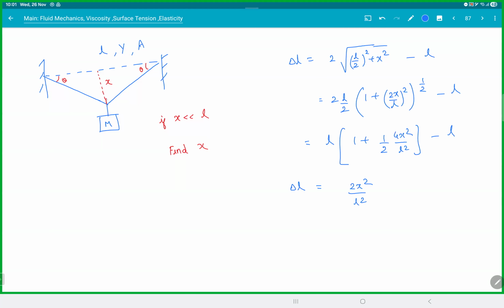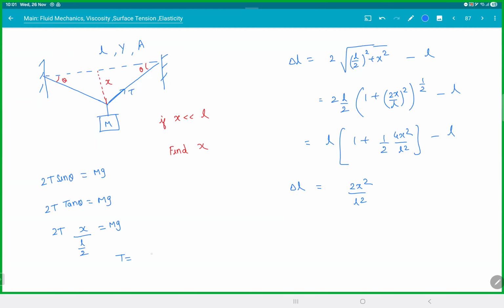And what is the tension here? If you take that as theta, this is the tension T cos theta. So 2T sine theta will be equal to mg. For small angles, I can write sine theta as tan theta. And the tan theta will be the opposite side x by L by 2.